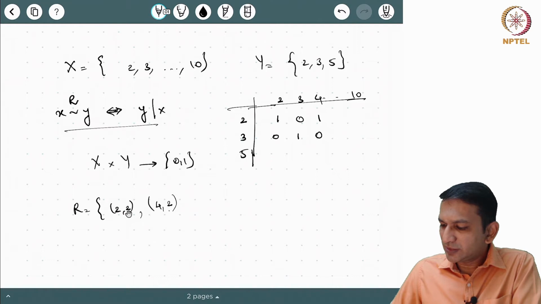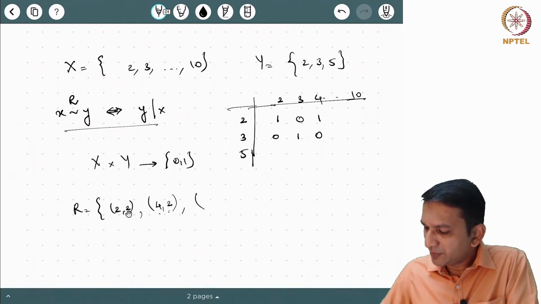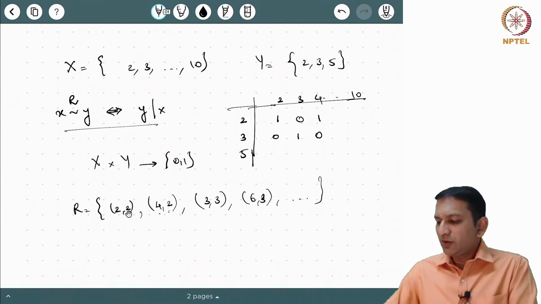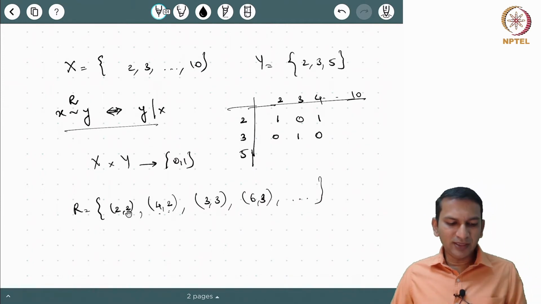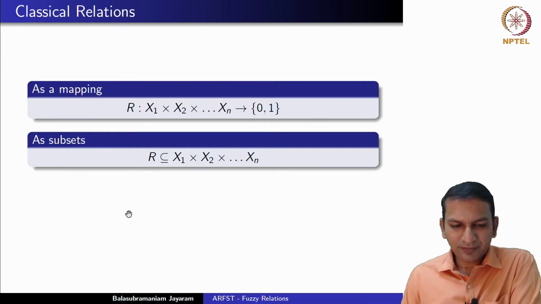Here the second component is from Y and the first component is from X. Similarly, (3, 3) will remain. (6, 3) will be in this set. So it's a collection of elements from the Cartesian product of X and Y. So in that sense, a relation can be seen as a subset of the Cartesian product.